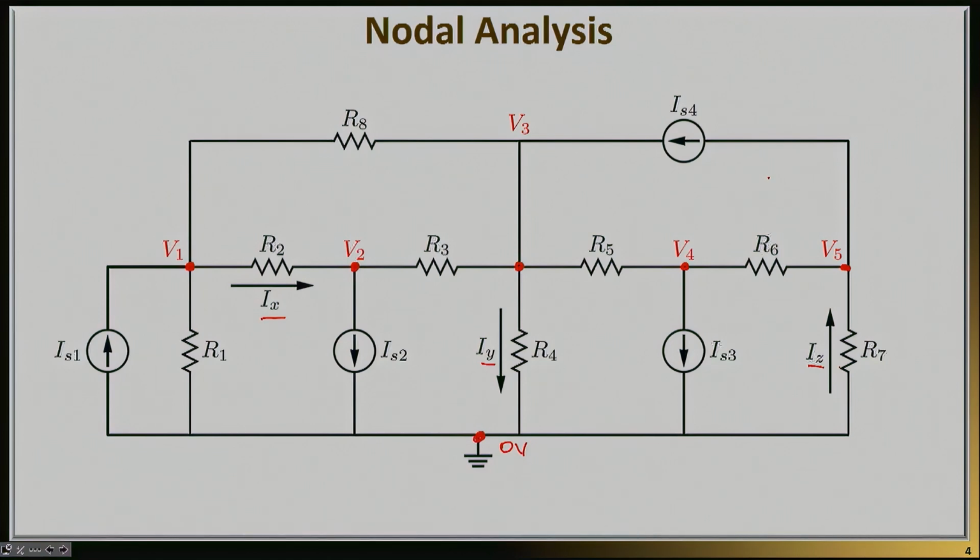For example, the node here has a name V1, the node here has a name V2, and so on and so forth. So the first step in nodal analysis is to name the unknown nodal voltages. It can be done very simply. You literally scan the circuit, you inspect it, and you find out the nodal voltages. In this case, I have 5 unknown nodal voltages all the way from V1 to V5.